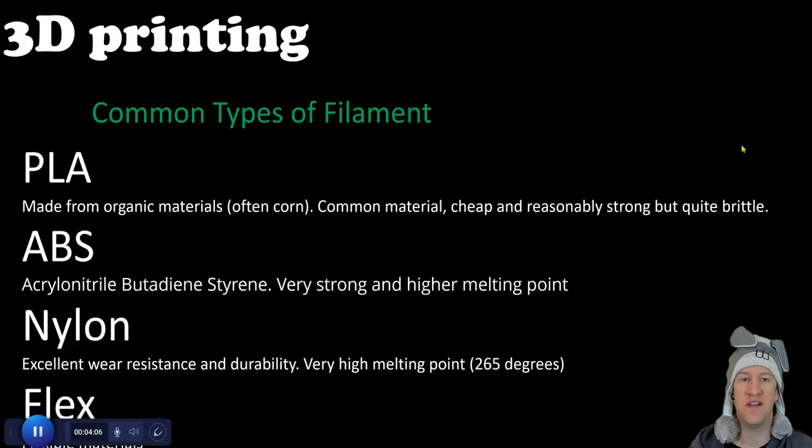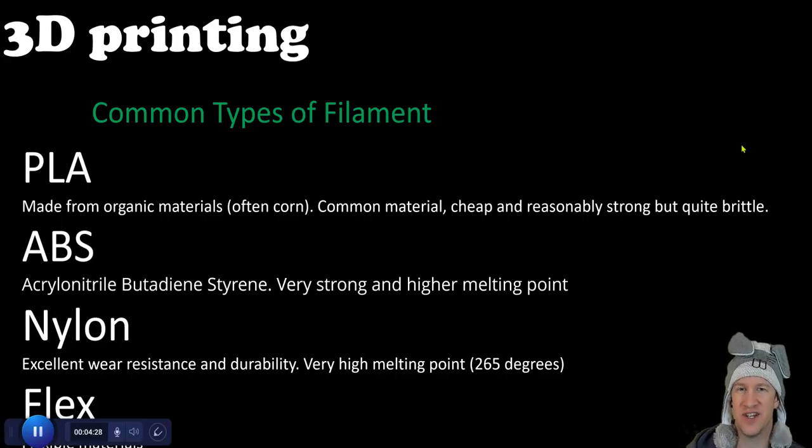In terms of the filament that we use in an FDM printer, the most common by far is PLA, which is actually made from an organic material. So it's really corn-based. PLA stands for its ingredient, something like polylactic acid, for memory. It's very cheap. It's quite strong for most applications.